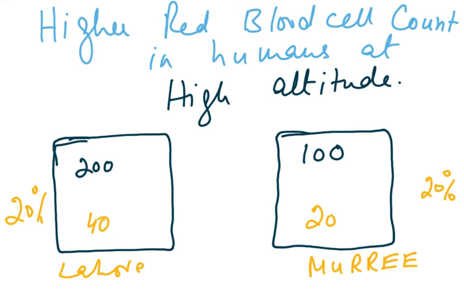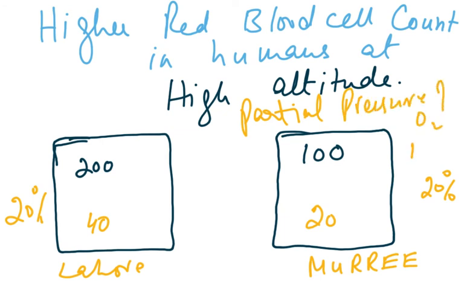So there the molecules of air in the same size room are 100, but the number of oxygen is the same, 20 out of 100. Here it is 40 out of 200. So the concentration remains the same, but what do we say? Here we say the partial pressure of oxygen is low.